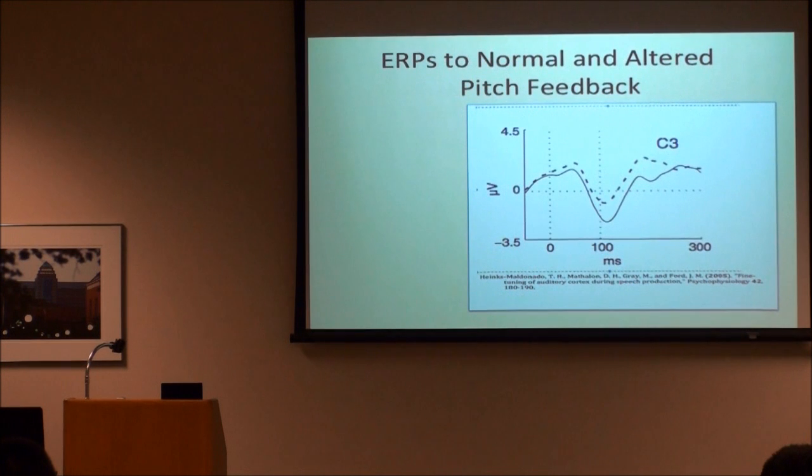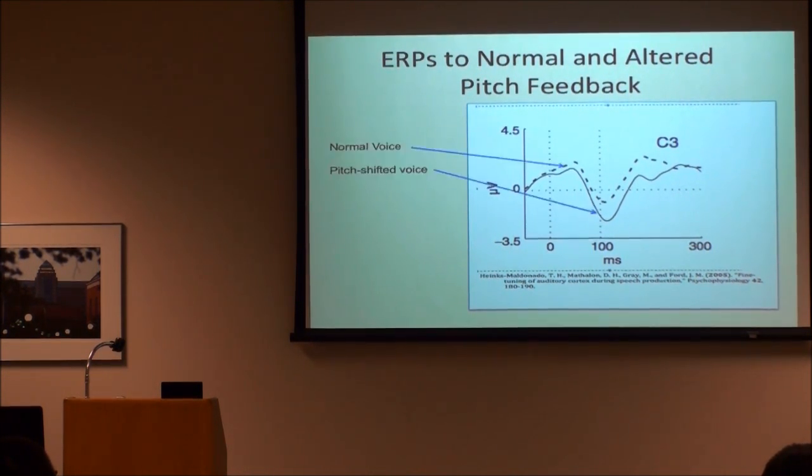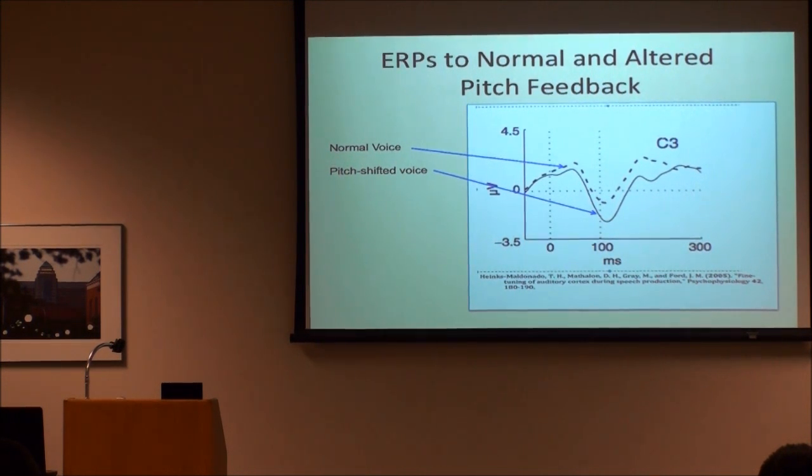Then that was followed up by a study by Heinks-Maldonado and colleagues. And what they did, they recorded electrical EEG ERPs. And this shows data. The dashed line shows an EEG response to the normal voice. And then when they pitch shifted the voice, they got a larger response.